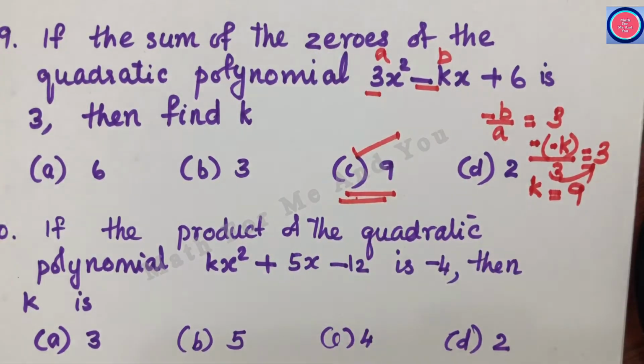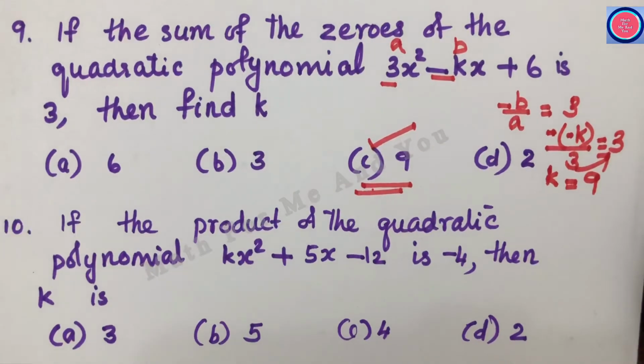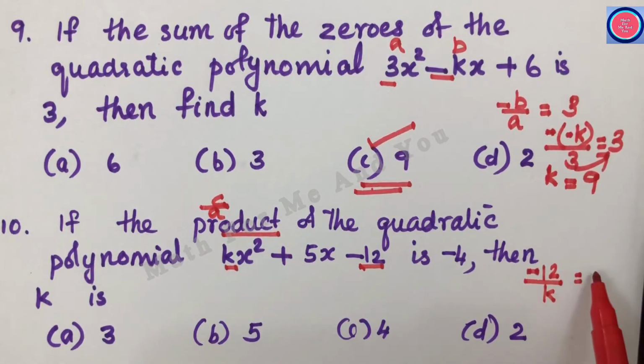Question 10. If the product of the zeros of the quadratic polynomial kx square plus 5x minus 12 is minus 4, then k is. We know that the product of the zeros of the quadratic polynomial ax square plus bx plus c is c by a. So here c is minus 12 and a is k. We can substitute the values. Minus 12 divided by k is equal to, it is given that minus 4 is the product.